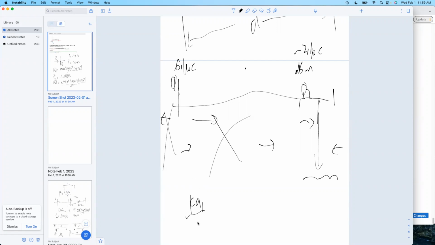K, Q1 over this whole distance I called D should equal K, Q2 over, now I just want this distance. That's going to be D minus 0.06. Oh, okay. I guess because I thought it was the other way, I put plus. Yeah, and that'll get it wrong. That's why you got to figure out the right side first.